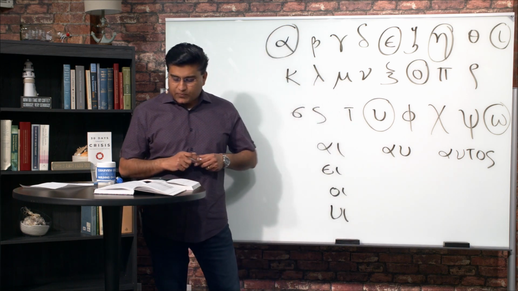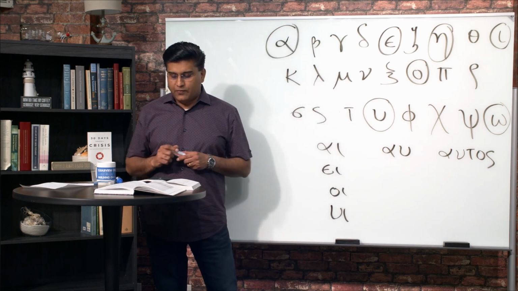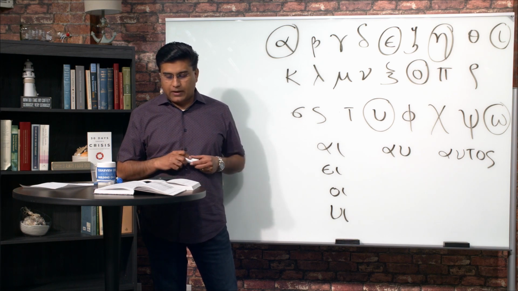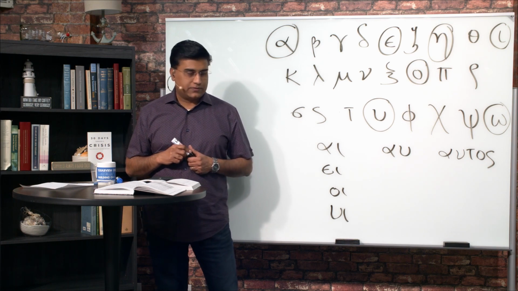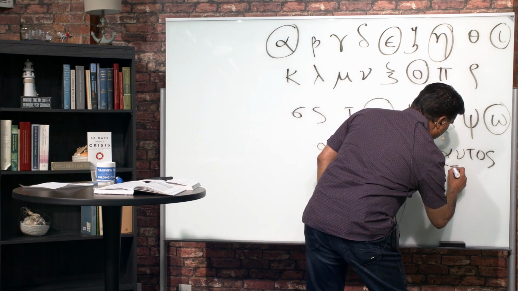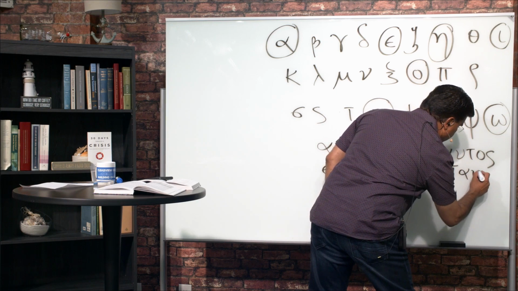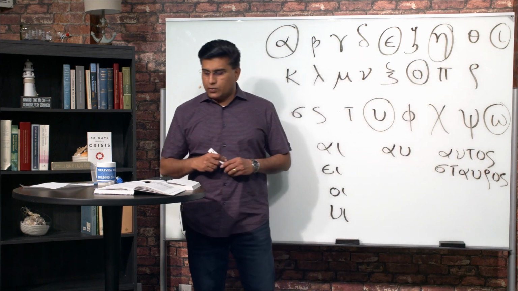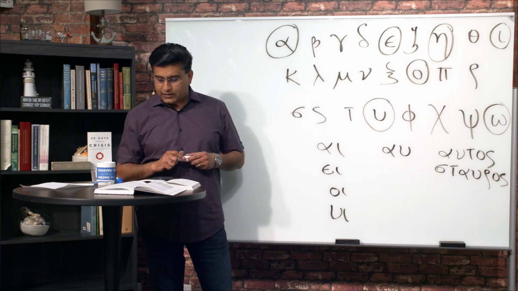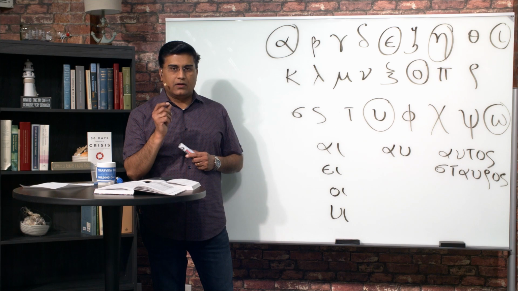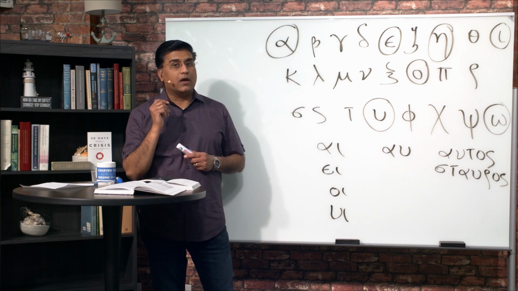Now what if this au is before a voiced sound like stauros? Stauros is cross. Then in that case, it is av.